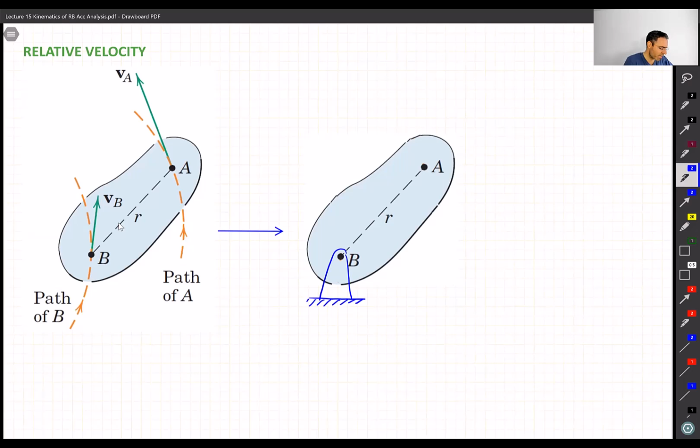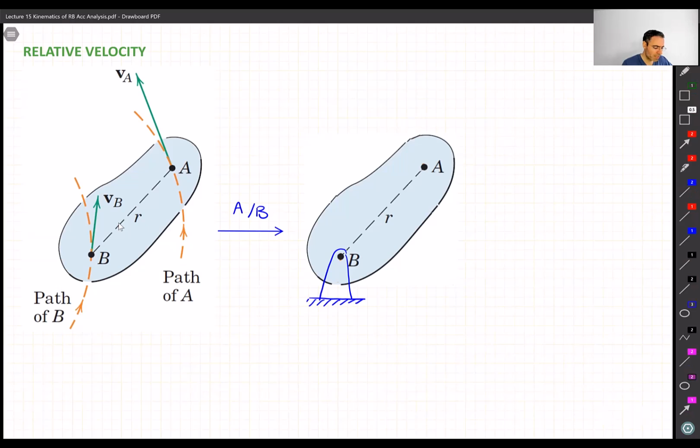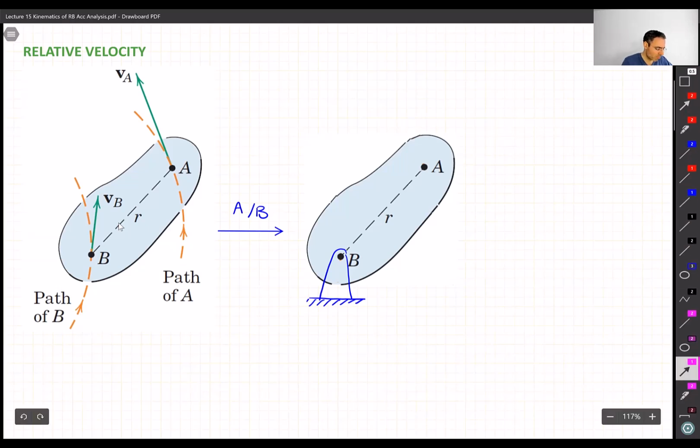But when we say I'm going to analyze point A with respect to point B, it means I fix point B. Or in mathematical terms, we are setting our coordinate at point B temporarily to do an analysis.